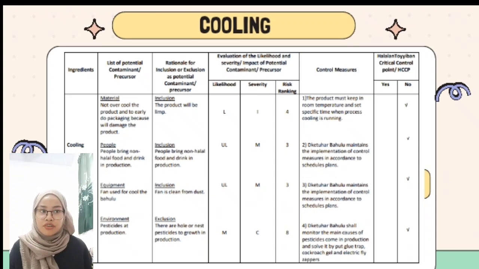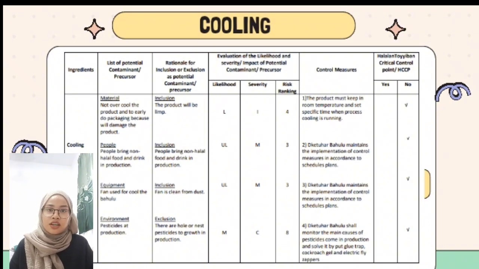Risk ranking 4. The product must be kept at room temperature and a specific time set when product cooling is running. The halal executive of the company says it will take 10 minutes to fully cool.